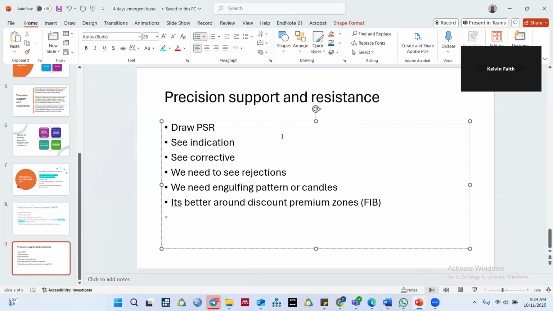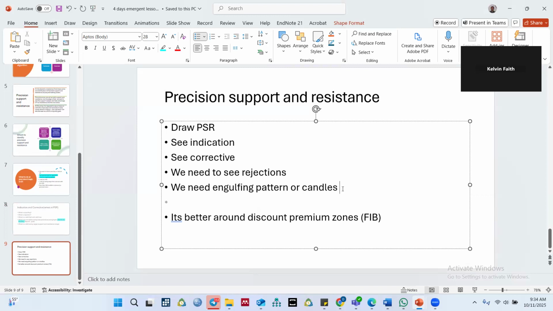And if we are talking of discount and premium, then it's also better framed within a dealing or swing structure.